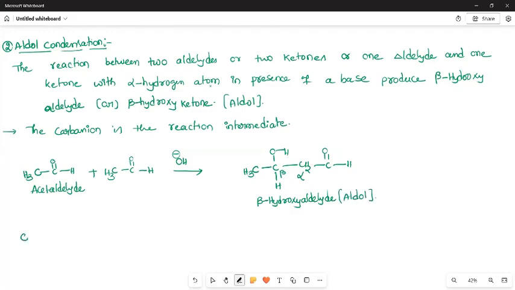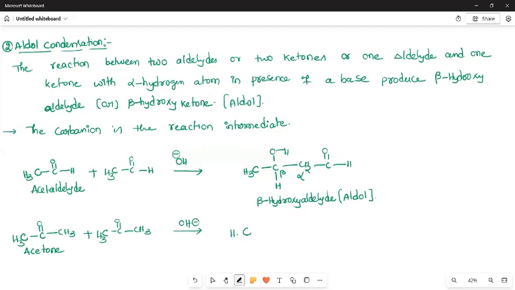The same reaction will happen between two ketones also. CH3 C double bond O CH3, namely acetone, and another CH3 C double bond O CH3, in presence of base.